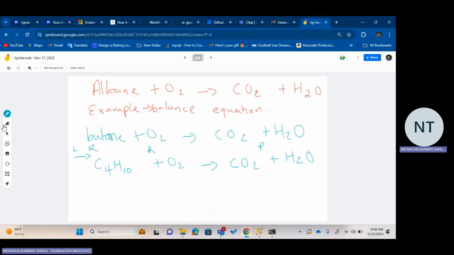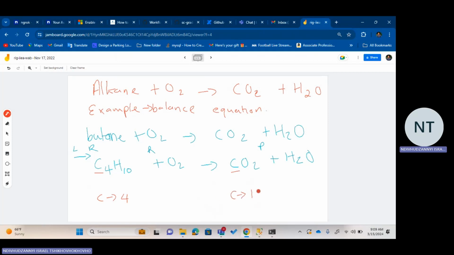So let me start. Check for carbon. You see that for carbon, we have 4 carbons. On the right, in our product, we have 1.